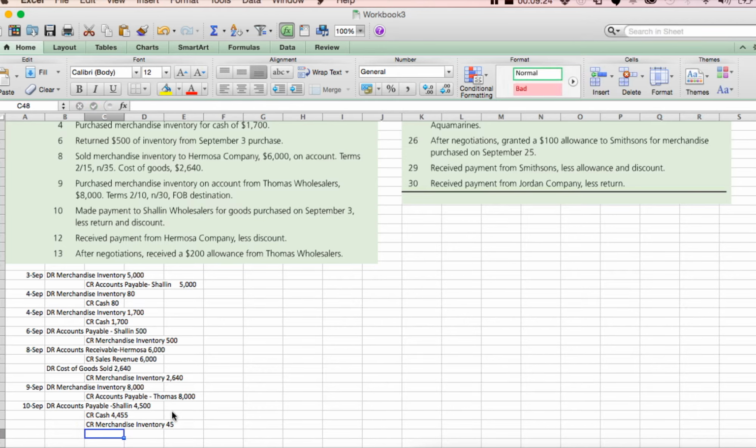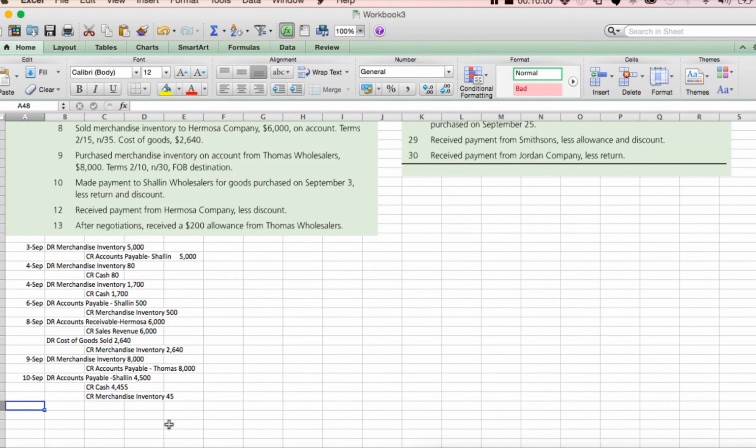That's basically showing that our accounts payable is completely paid off. This is the amount we actually paid. This is the discount amount, so we want the merchandise inventory balance from this transaction to be the amount we paid, which is $4,455. The way that we do that is by lowering merchandise inventory by $45 to get to this amount. So that's what this credit entry does. Okay, so that was September 10th.